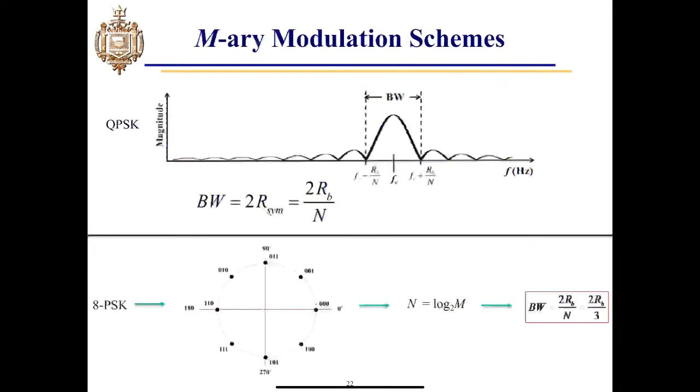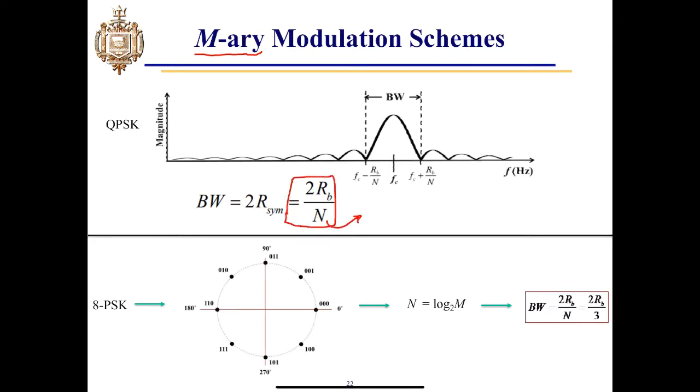All right, so we have M-ary modulation schemes where we're sending more than just 1 bit per symbol. This is another way of saying we're sending more than 1 bit per symbol. The bandwidth equation for these M-ary modulation schemes is 2 times the bit rate over n.